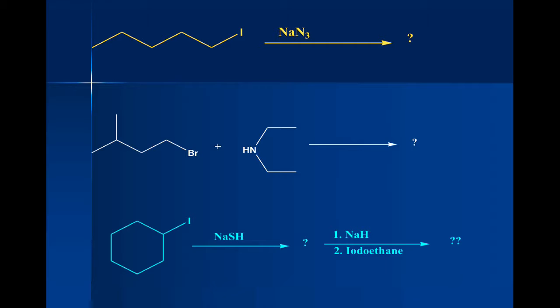We're going to make a nitrogen-carbon bond, right? So we're going to end up with this plus what? Sodium iodide, right, which is a salt. Spectator ions, for all practical purposes, we usually ignore them, right? And so that's a substitution reaction.